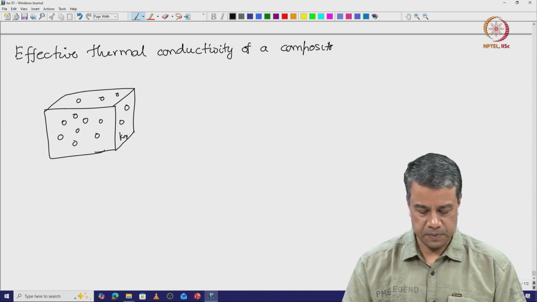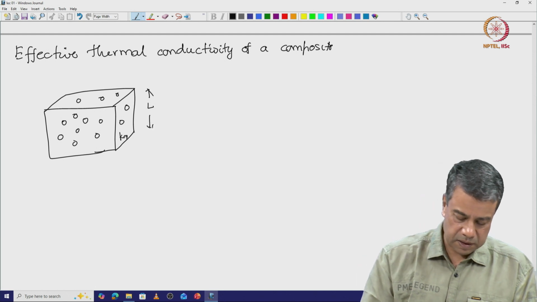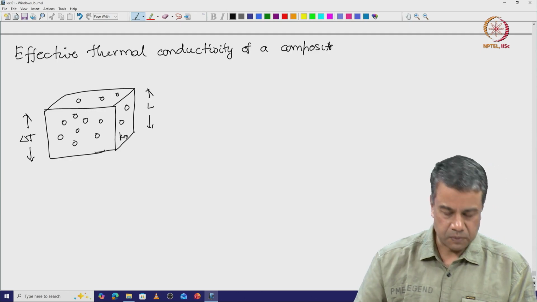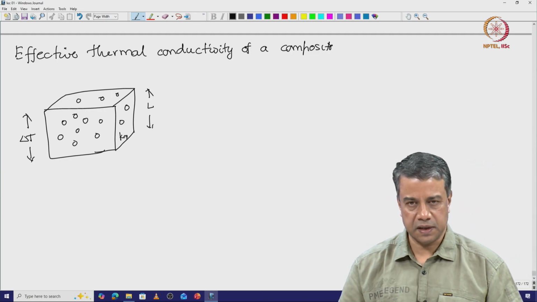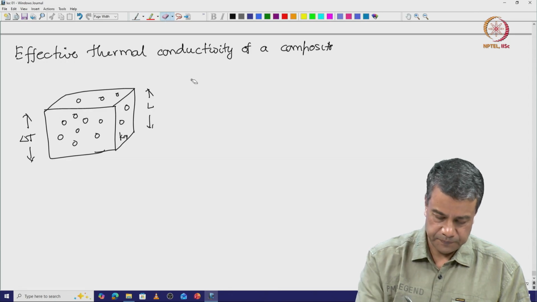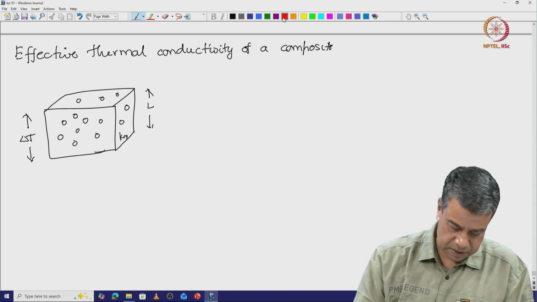And across this composite material of length L, there is an applied temperature difference delta T. And what we would like to find out is what is the heat flux, the average heat flux. I will call this direction the z direction.